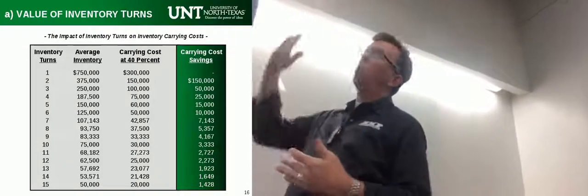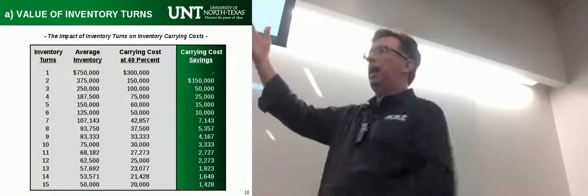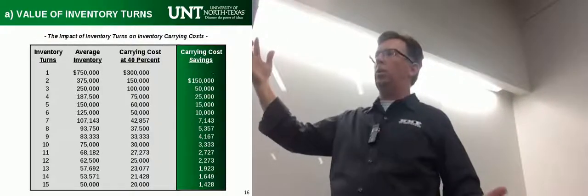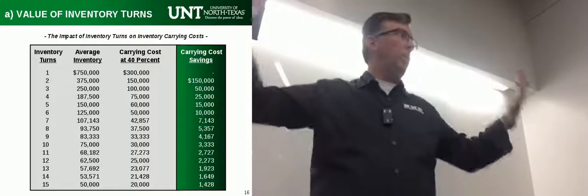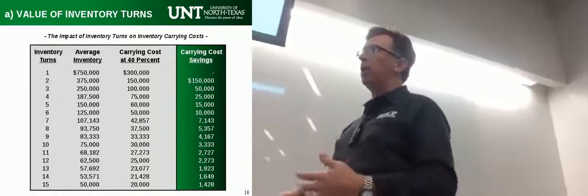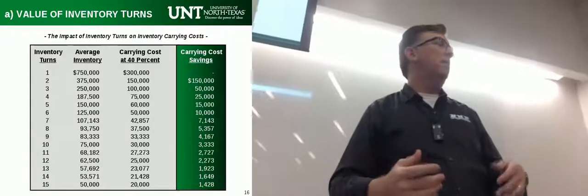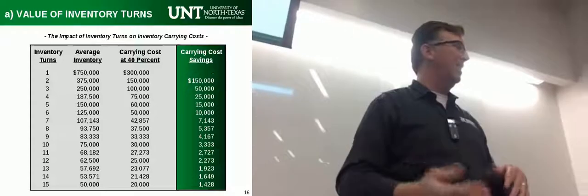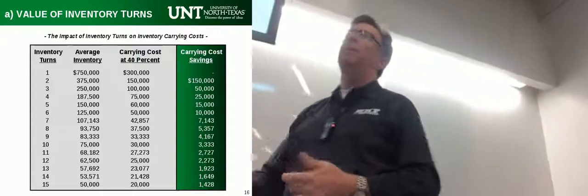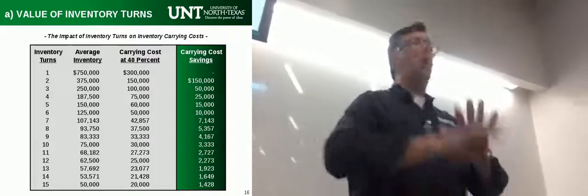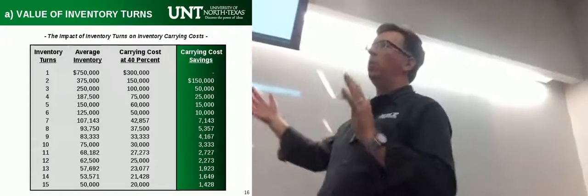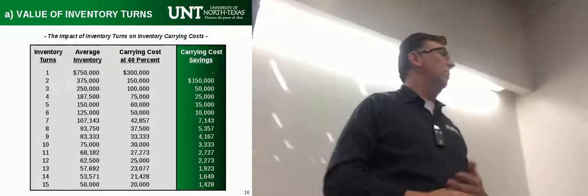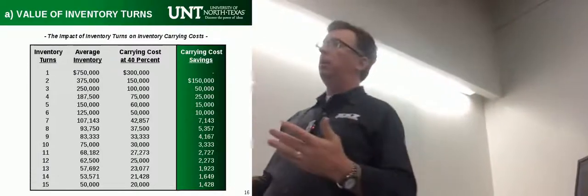And so if I order once in January and I slowly consume that $750,000 worth of inventory over the course of the year, I've turned that inventory once. And if I've got a 40% carrying cost, maybe I've got a 30% hurdle rate on capital employed, maybe I've got to pay insurance and taxes on that, maybe there's some shrinkage, meaning some of you steal my dresses, right? All of that equates to a 40% holding cost. Then 40% times that average inventory of $750,000 is a big number.